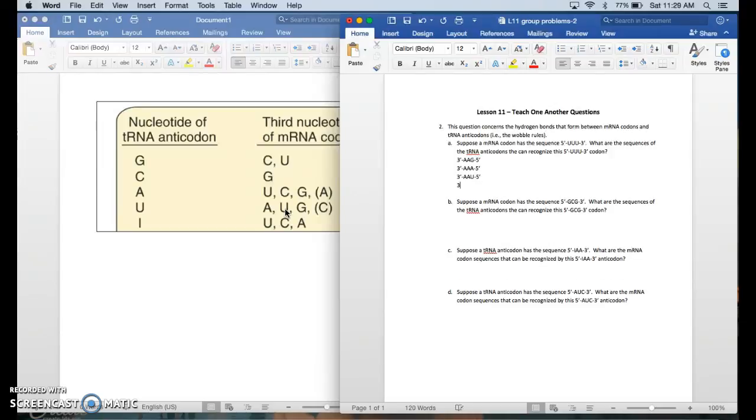And the last one, AA again, because we're following the rule for the first two, and then U indicates that there can be an I as a tRNA anticodon, 5'. So those are our 4 answers.